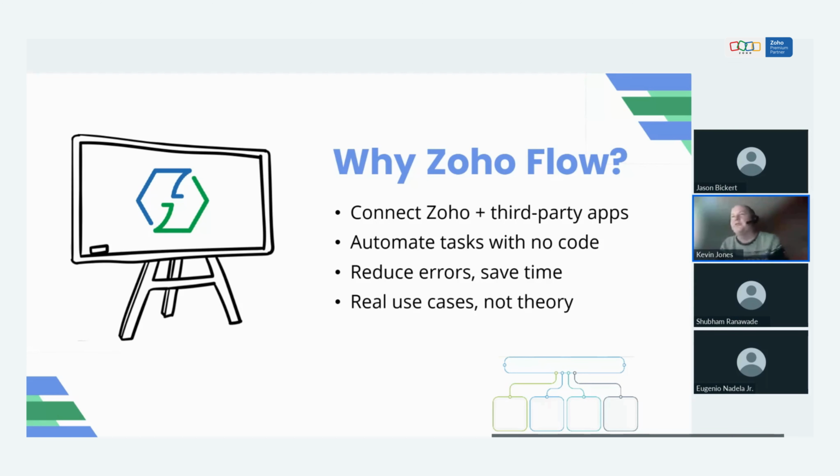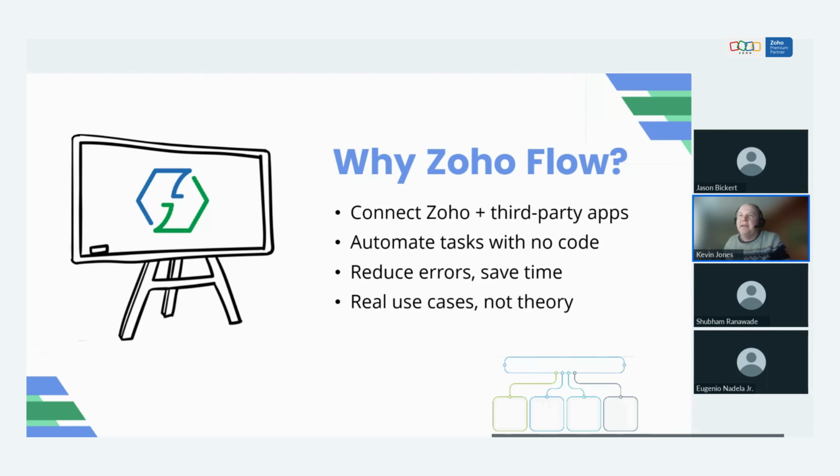Zoho Flow is a tool for making other tools better and more powerful and work with each other better. So usually the most common use case you're going to see with Zoho Flow is you have something happening in one of your apps, be that a Zoho app or a non-Zoho app, and you want that to result in something happening in another app.